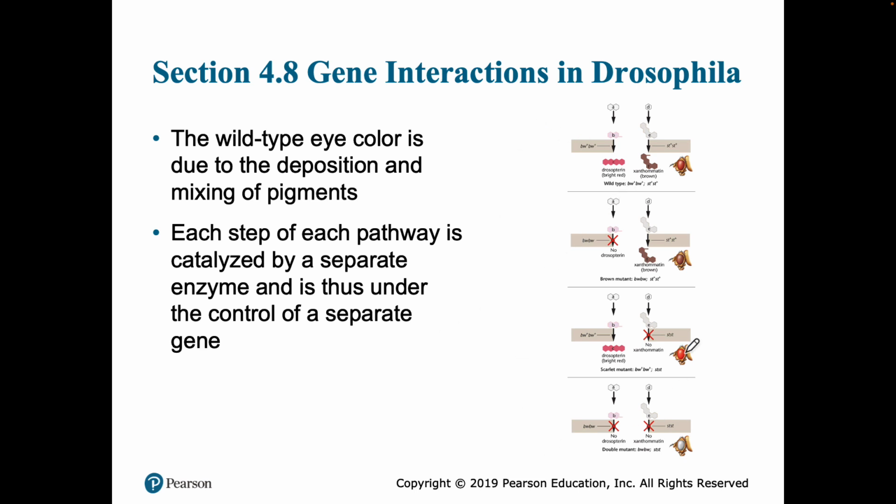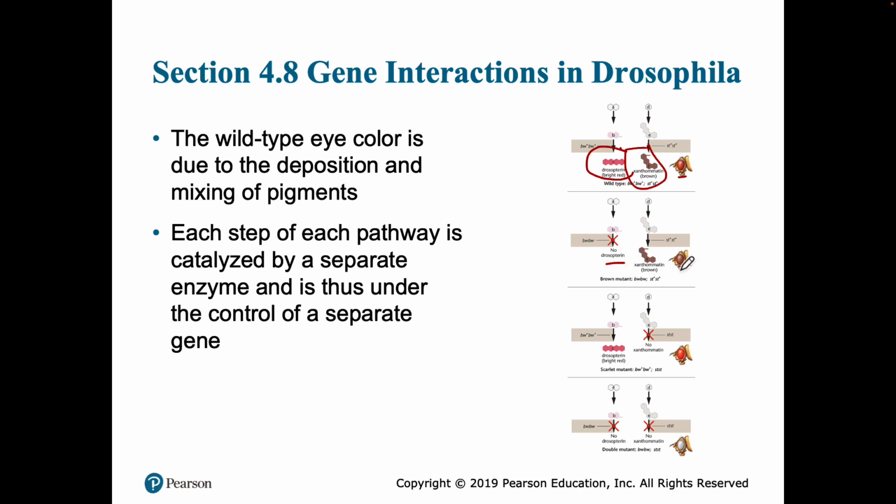And this is controlling the eye color and the mixing of pigments. So each step of the pathway has its own enzyme, and so you have separate genes that end up controlling the eye color. And so here they're showing you there's one set of genes that'll give you red, one set that gives you brown. If they are both functional, the eyes are red.